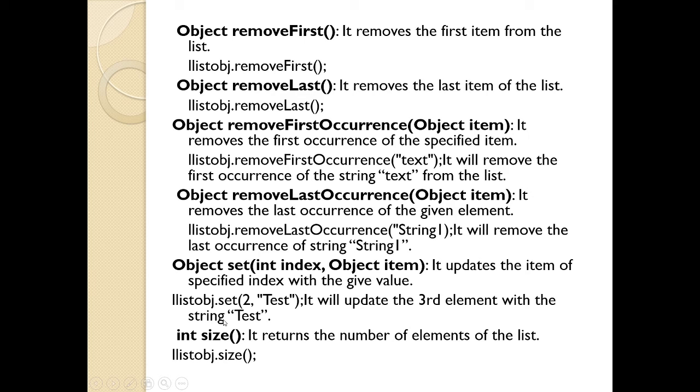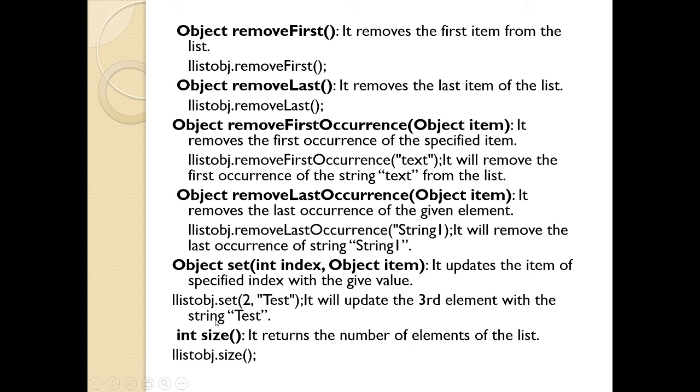So let's say, for example, in the list obj.set, the second index number, or the third element in the list, will be replaced with the word text. So I need to pass the index number and the object. So when you display the new list, the second index number will have the new value.